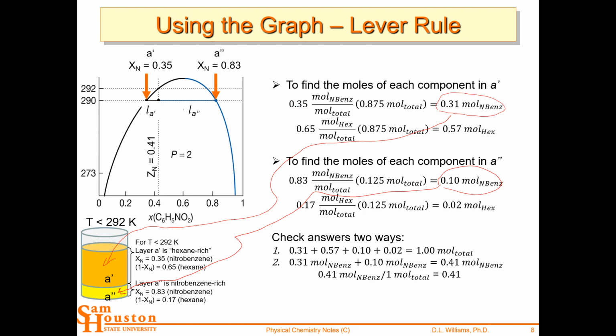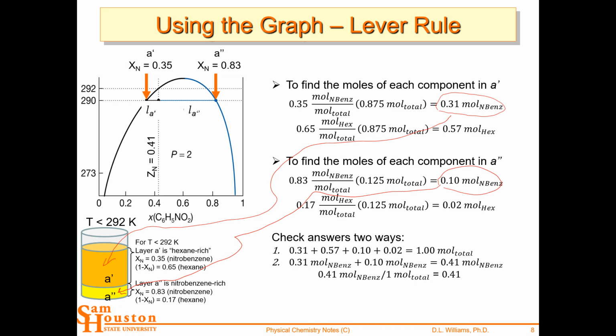We've pretty well exhausted the day, so let's pause and make sure that we understand the lever rule. It can be one of the trickiest ones because there's so many unitless values. All your mole fractions are unitless. Your Z value is unitless.